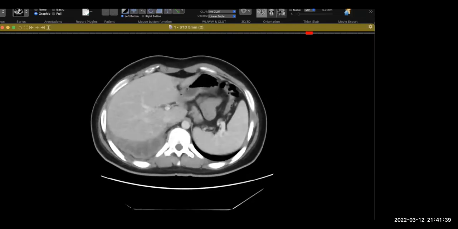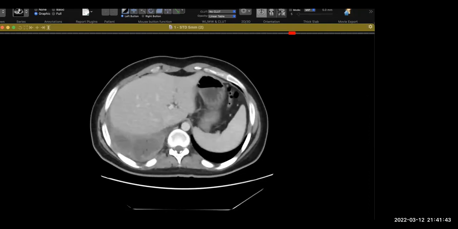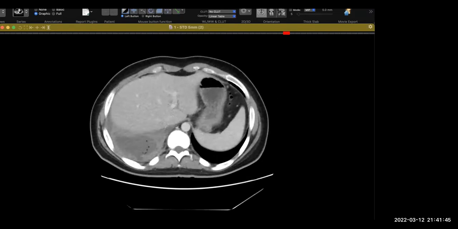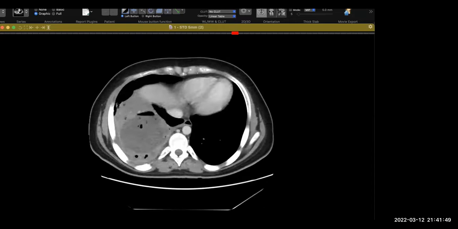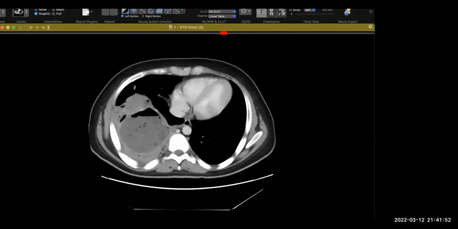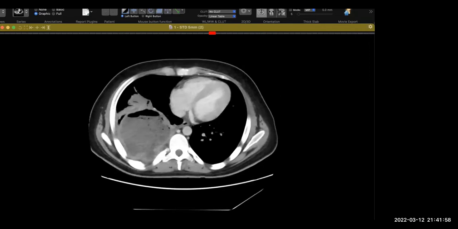All right, and the pleural lining is thickened and also showing mild enhancement, which is suggestive of empyema. I am looking at the adjacent lung parenchyma to look for any communication, since it's not just a simple empyema. It has been complicated by air lucencies.